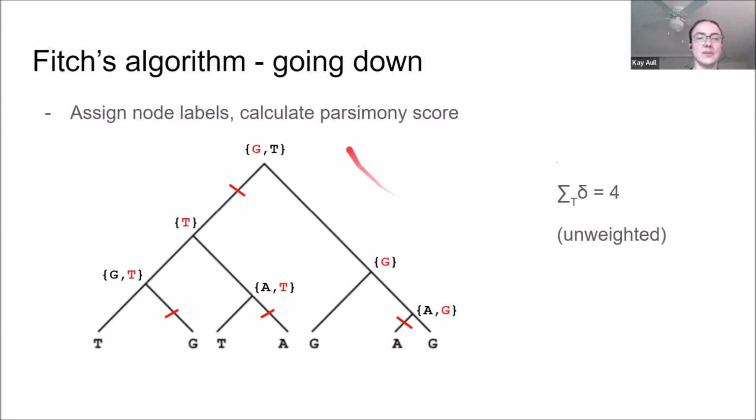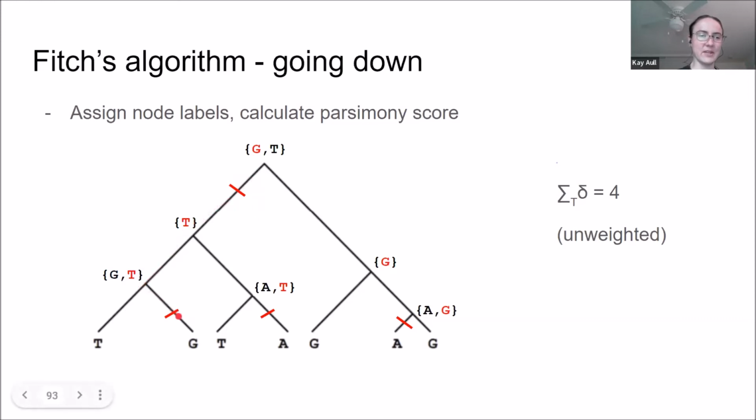And so one thing this doesn't mention, if you don't know which one is the common ancestor, you just have to guess. It works out the same either way. Let's say we've guessed the common ancestor is G. And then here is mutation number 1 in order to get here.